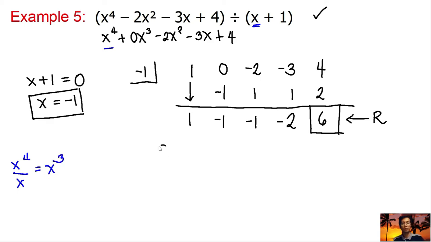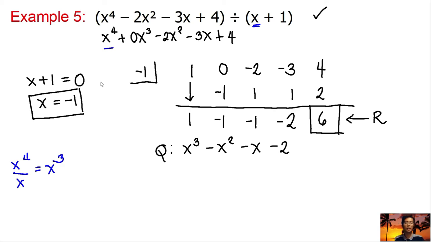So, your quotient will be, start ka sa x cubed, tapos x squared, x, tapos constant. So, 1x cubed is just x cubed minus x squared minus x minus 2. So, our quotient is x cubed minus x squared minus x minus 2. And our remainder is 6.